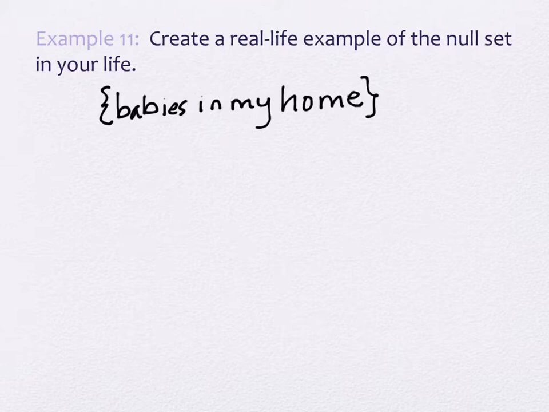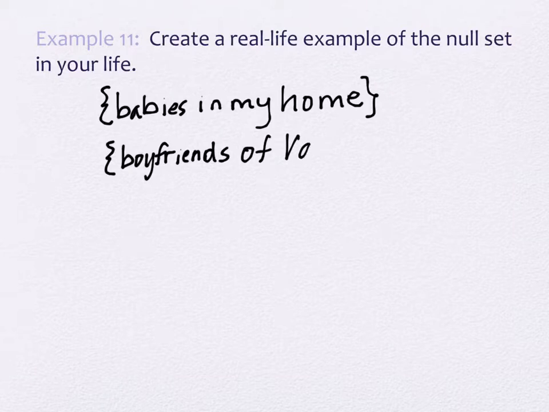Okay, so Valerie gave us an example we'll write down for fun. I'm going to structure it a little bit differently than what you said. So this would be boyfriends of Valerie: 0. What would be a null set in your life? Somebody give me another one. Pets in my home. Pets in your home. Okay. Remind me your name. Emma? Huntley.